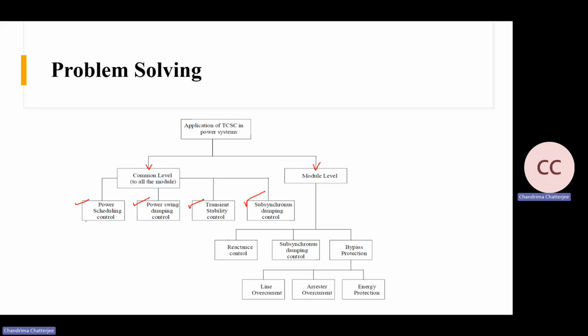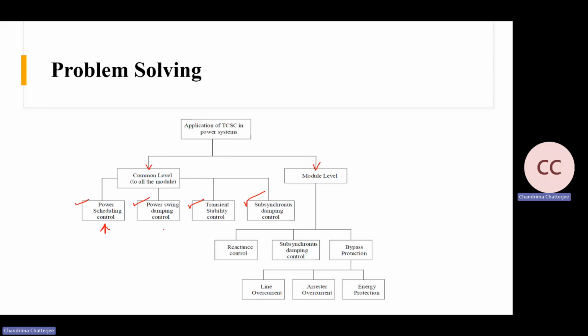Power scheduling control means, as we already saw for SVC, by controlling the TCSC impedance, we can change the steady state power transfer. By controlling the TCSC, we can increase the power transfer capacity. So that helps in power scheduling control. Then damping.